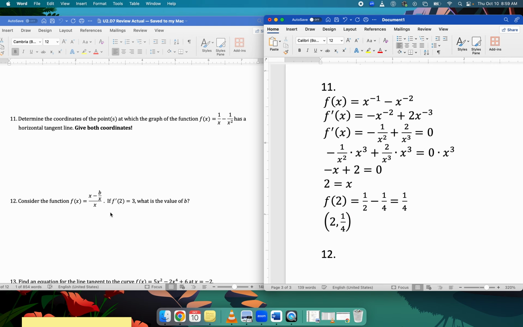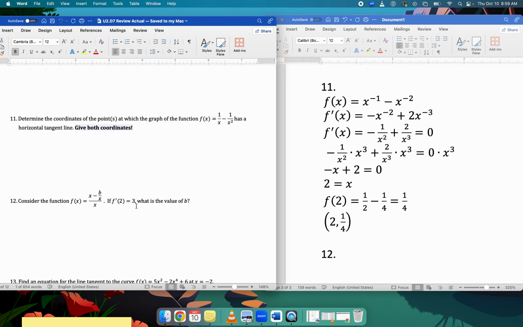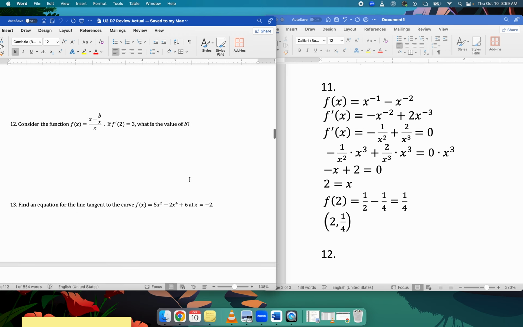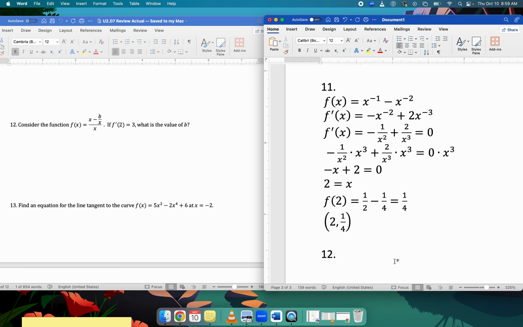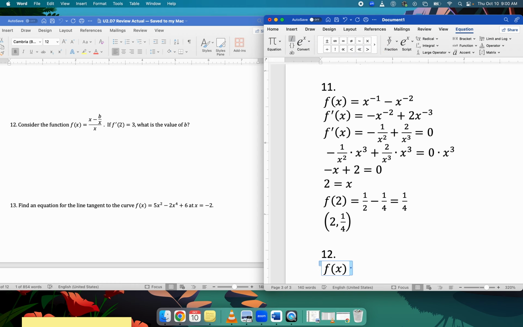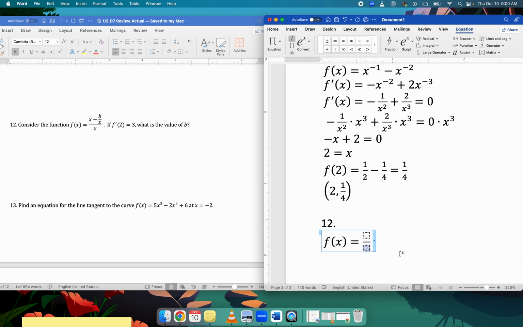Number 12, given this function, blah, blah, blah, if f prime of 2 is 3, what is the value of b? First of all, that is a horrendous way of writing that function. Right away, I can tell there's a better way of writing that. There's a couple ways of doing it.